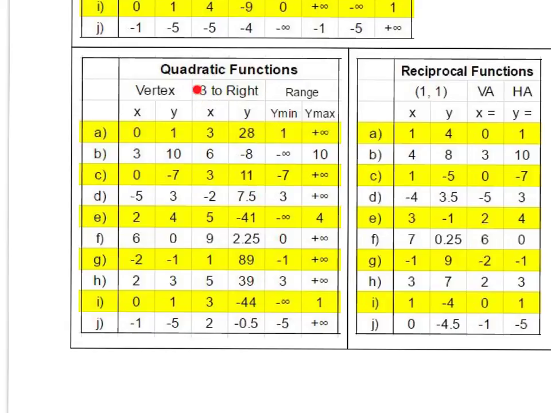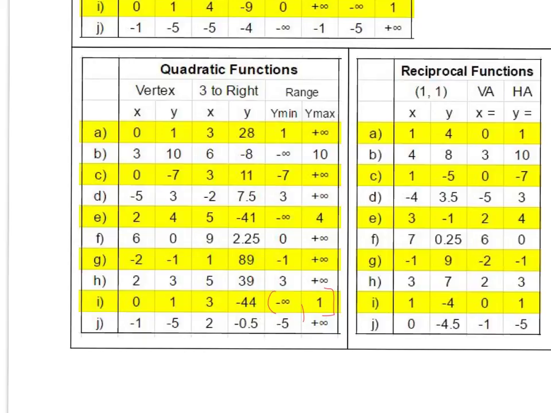If I take a point 3 to the right, the coordinates of it should be 3, negative 44. And the range should be from negative infinity up as far as 1. The minimum is negative infinity, the maximum is 1. Now, we know that anytime infinity is involved, it's a round bracket, and if 1 can be included, it would be a square bracket, just as a reminder.